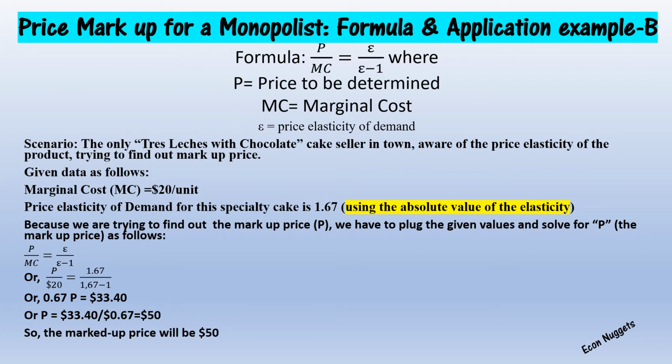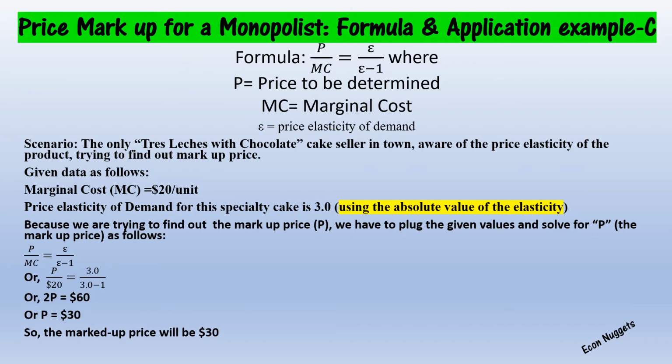When we apply this new elasticity value in the formula, the optimal markup price will be $50. As yet another example, example C, we use an elasticity value of 3 for the same specialty cake. Plugging epsilon equal to 3 into the same formula, we solve and find the markup price to be $30.